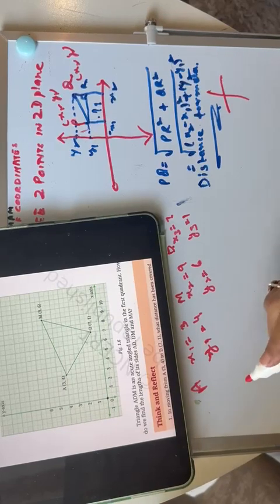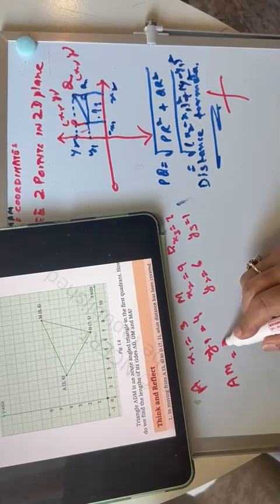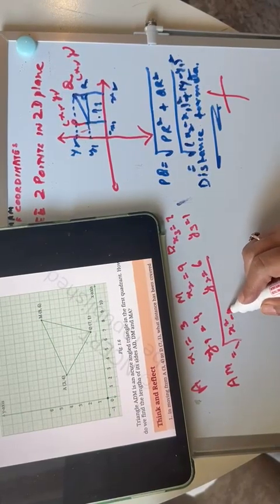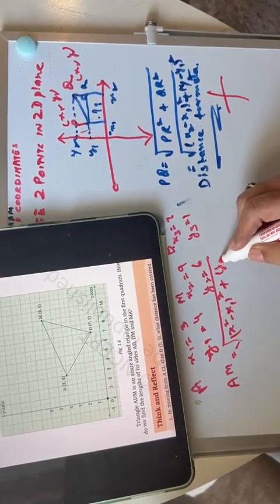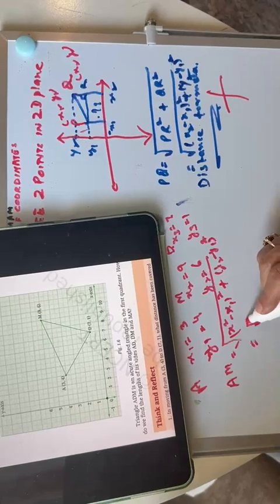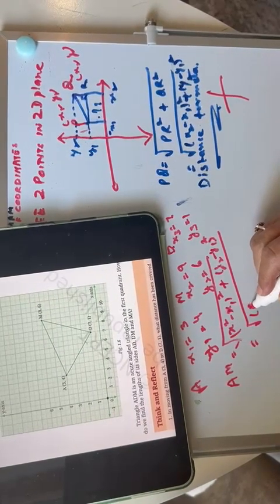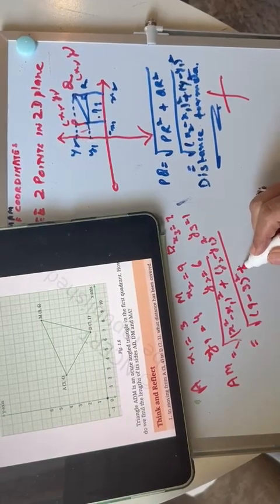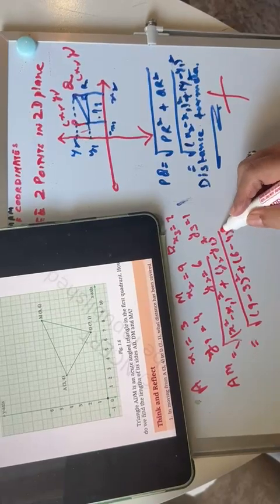So AM will be equal to, the same formula we will be using, under root x2 minus x1 square plus y2 minus y1 square. Substitute the values: 9 minus 3 square plus 6 minus 4 square.